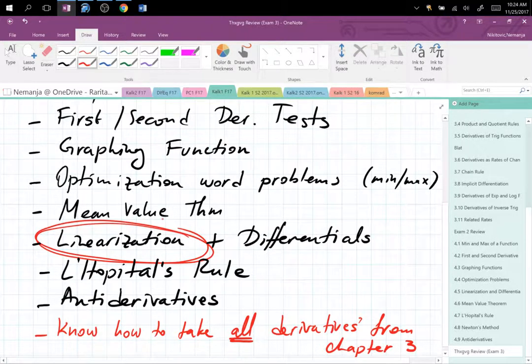Whether you're going to memorize the formula for linearization or you're going to use the tangent line from chapter 3, I don't care. The linearization formula is just a nicely packaged tangent line. Whether you learn the L(x) formula or use differentiation and the tangent line, whatever. Just get it right.